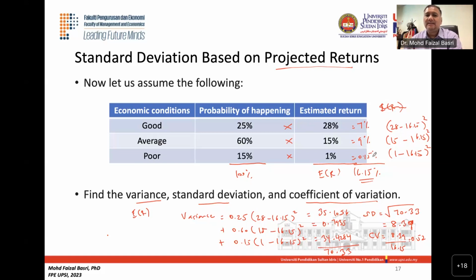Then we will get the same information, variance, standard deviation, and also coefficient of variation. So simply, the higher the score for variance, standard deviation, coefficient of variation, the higher the risk. So if you have two investments and you want to compare between the two, obviously the higher all of this information, the higher will be the risk for that particular investment.